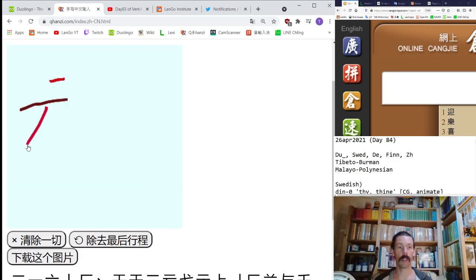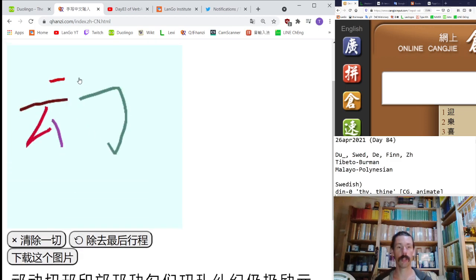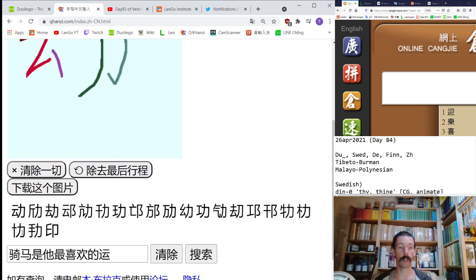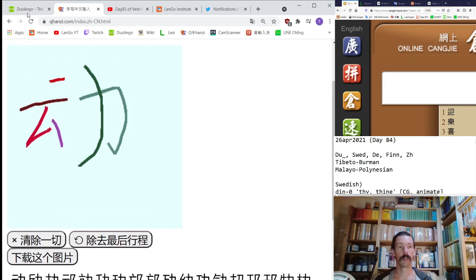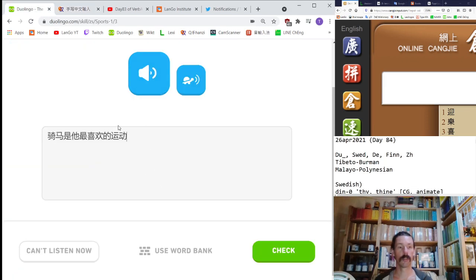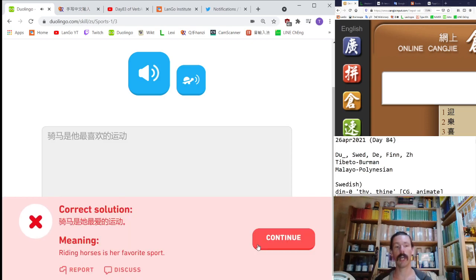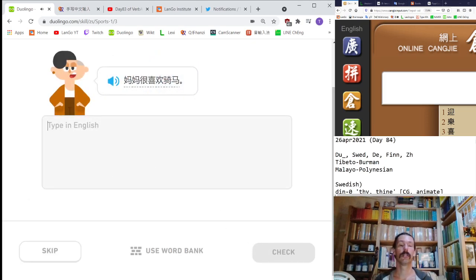Right? MMI again. And K S for the knife. Strength, rather, not the knife. 动, silly me. 骑马是他最爱的运动. 是他最爱的运动 is his favorite sport. 最爱的, not 喜欢. 妈妈很喜欢骑马.